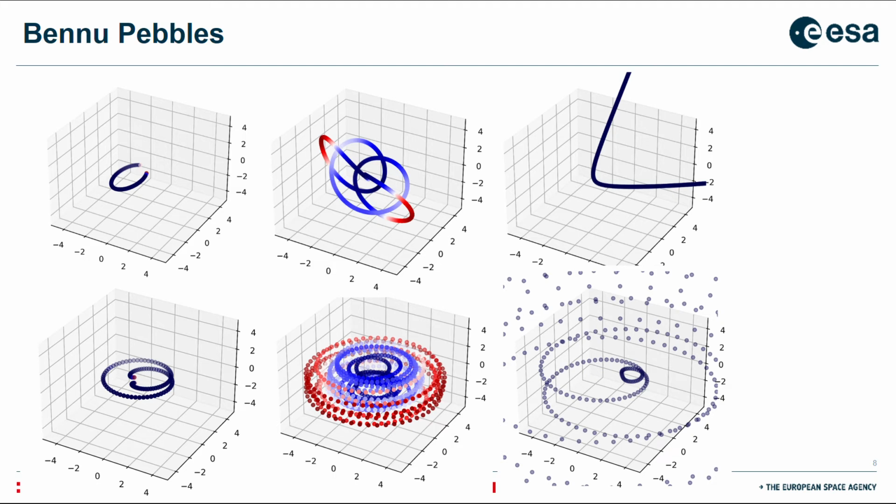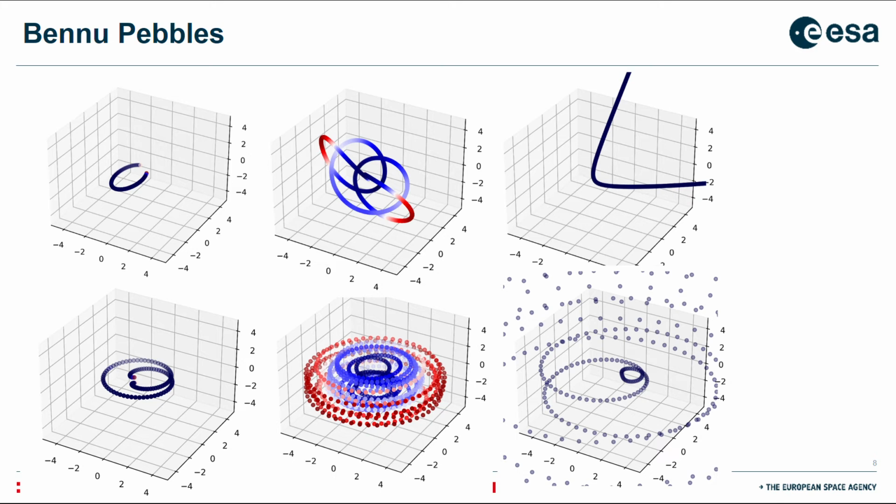The colors show the difference to a uniform model. For each position in the pebble's trajectory, we calculated which gravitational acceleration it would experience if Bennu had a uniform mass density, and then colored the deviation from that here in red.